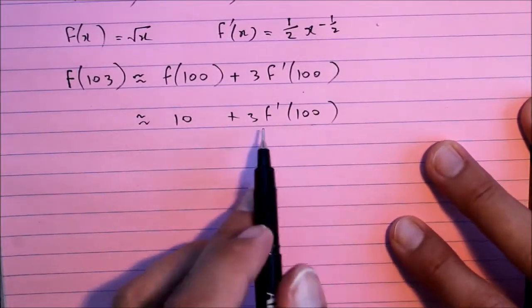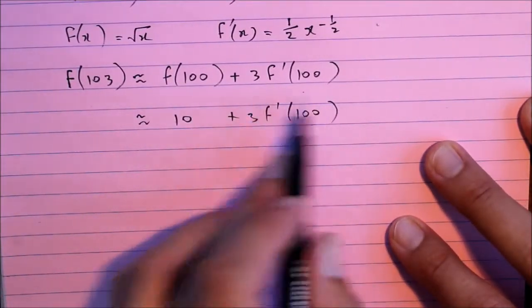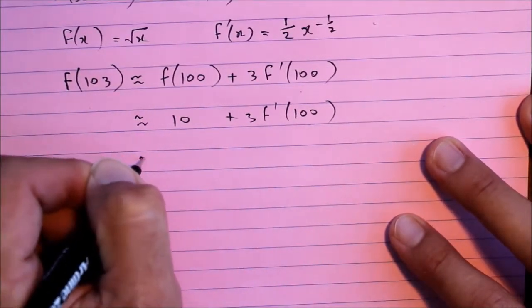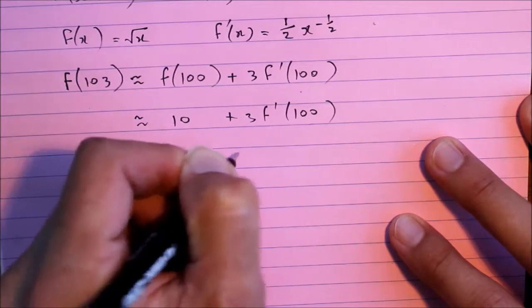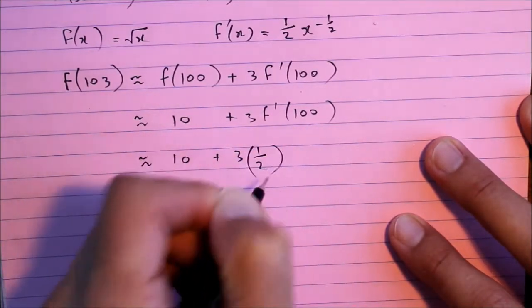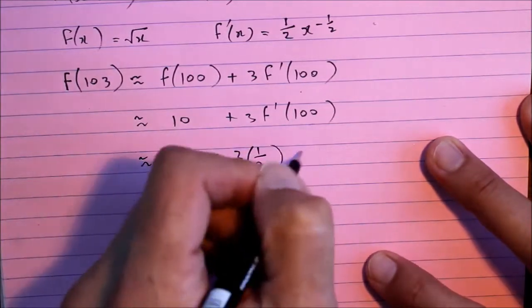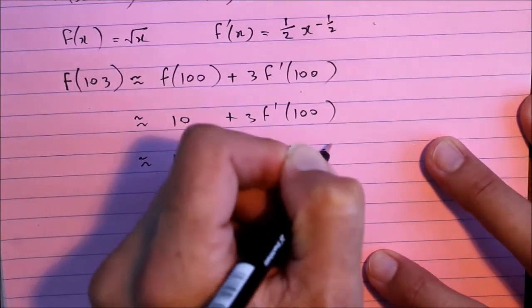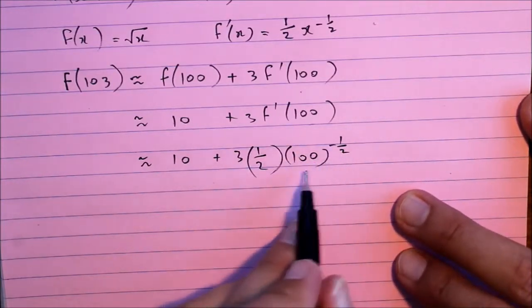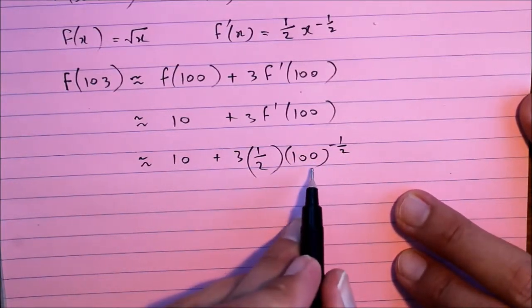The only thing we need to do is work out what this piece of it is. So let's keep going. Equal to 10 plus 3 times, now this is 1 half x to the minus a half, so that's 100 to the minus a half, whatever that is. That's the challenge in the question at this stage, is to work out what that is.